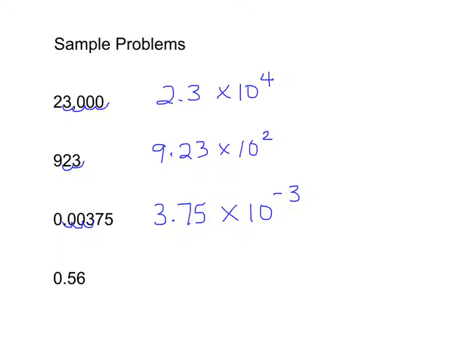All right, and then the last one is going to be 5.6 times 10 to the negative 1 power. And again, it's negative because that number in standard notation is smaller than 1.